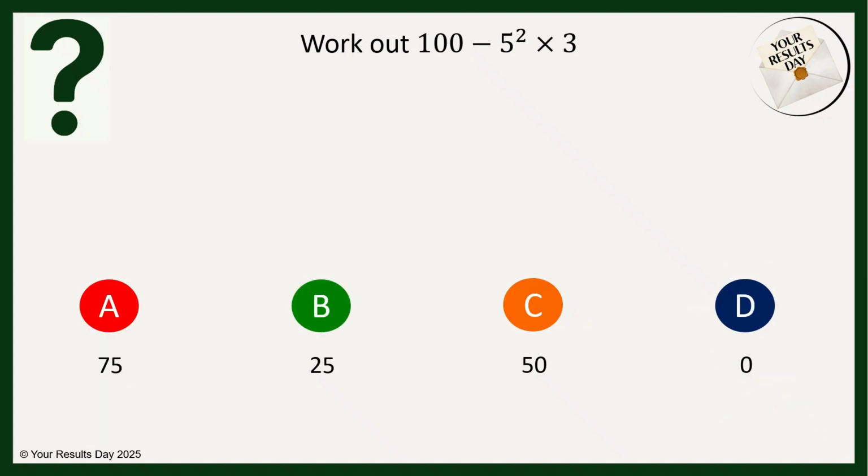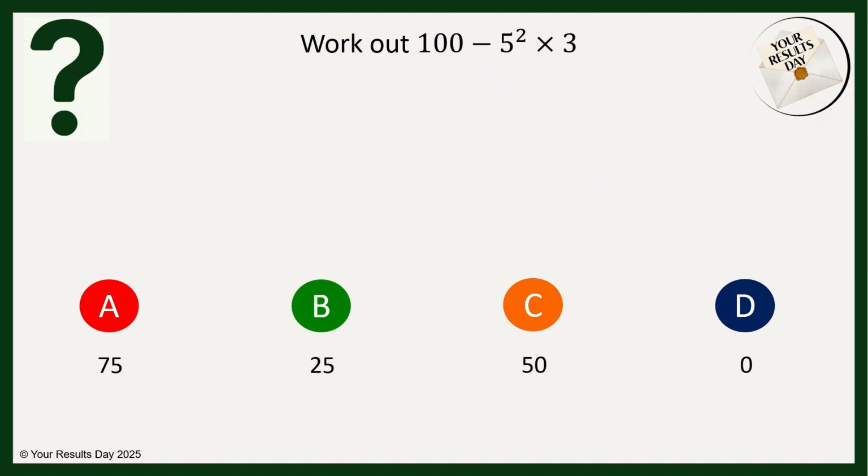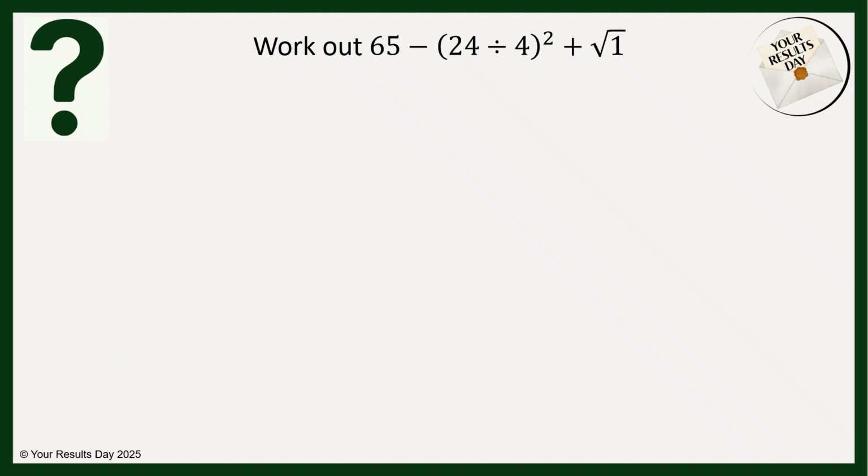For this next question, we have got 100 take away 5 squared times 3. If you said 25, you would be correct. Well done. You may need a little bit longer for this one.